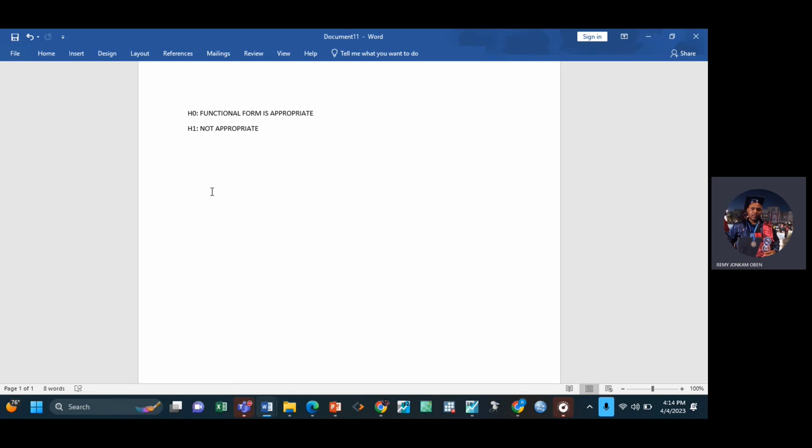The alternative hypothesis is telling you that there is heteroscedasticity, a problem. Autocorrelation, null hypothesis: sorry, there is no autocorrelation. Alternative hypothesis: there is autocorrelation. With normality, what's the null hypothesis? Normally distributed. Alternative hypothesis: not normally distributed. With the Ramsey RESET test, null hypothesis: functional form is appropriate. Alternative: not appropriate. So most of the time, the null is telling you that there is no problem, while the alternative is telling you that there is a problem.